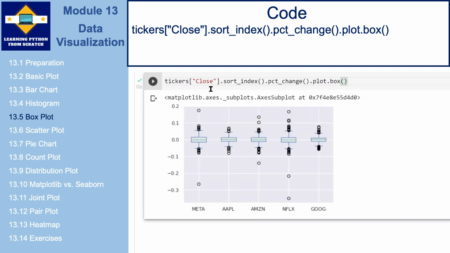If you run it, you should be able to see that there are 5 box plots here, and now you are able to see some outliers, and then minimum, first quartile, median, third quartile, and then maximum, and then some more outliers.